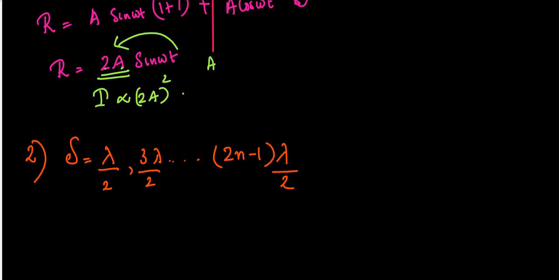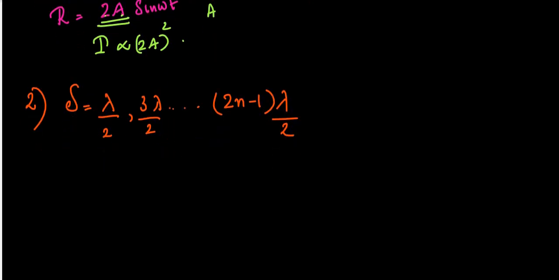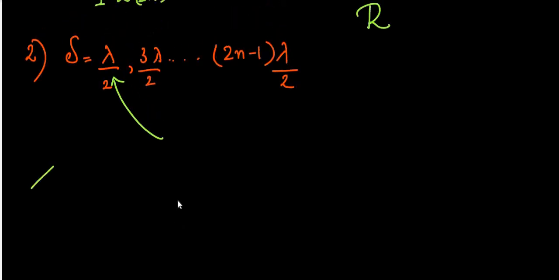I'm taking one value out of this, say lambda by 2, and substituting it into the equation of resultant displacement.